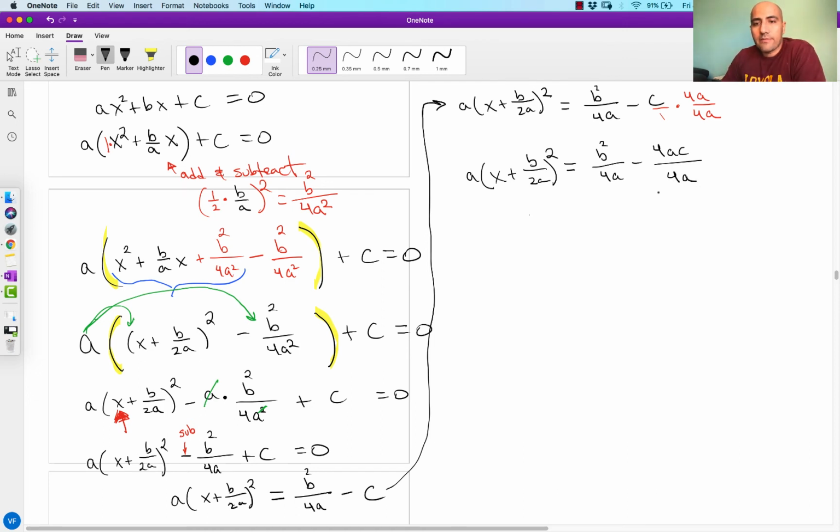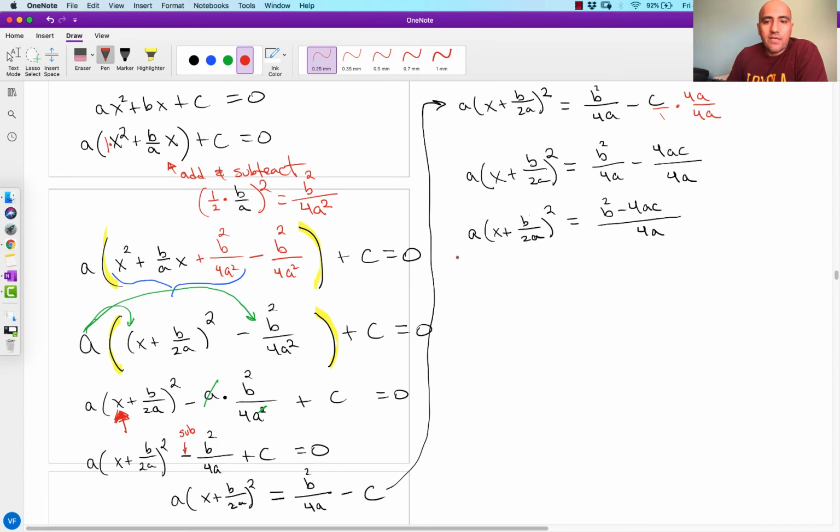Now they have the same denominator, so I can bring them together. I'll have a parentheses x plus b over 2a squared is equal to b squared minus 4ac all over 4a.